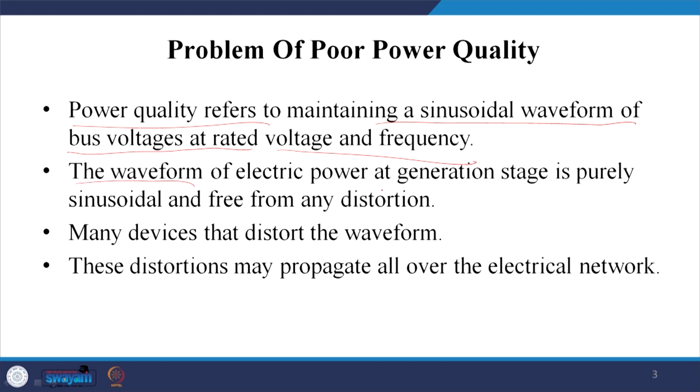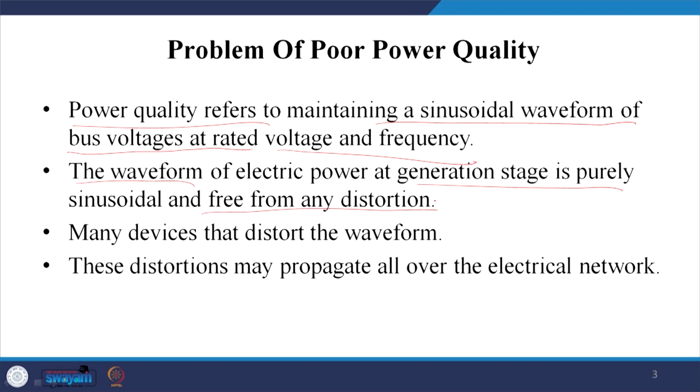The waveform of electric power at the generation stage is purely sinusoidal. Apart from that there are diagnostics, and generally if we find issues like a broken rotor, then it is replaced or repaired. So mostly we can consider the generation stage purely sinusoidal and free of any distortion.